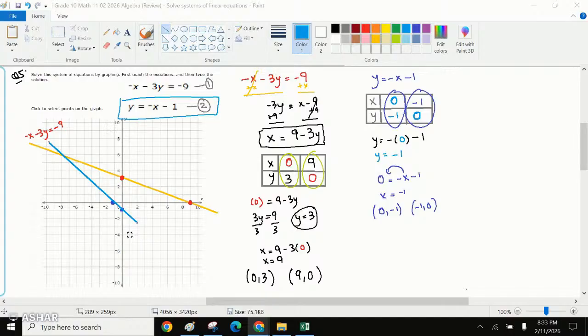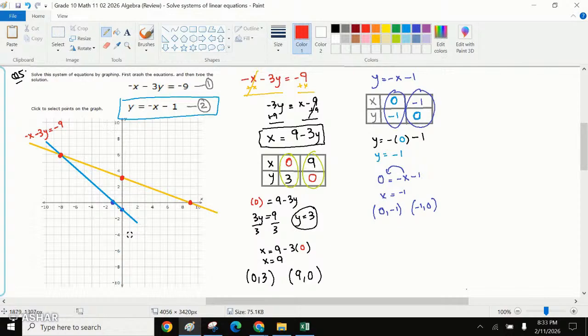Okay, let's see where they would intersect. Let's suppose, just doing a rough sketch over here, they're intersecting over here. So what we can say is this is the point of intersection.